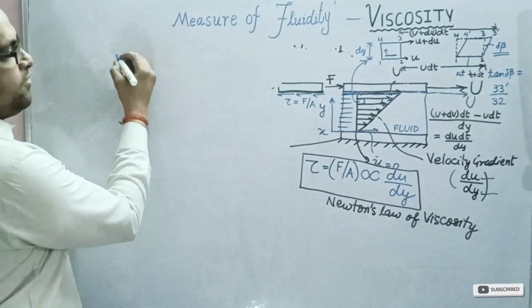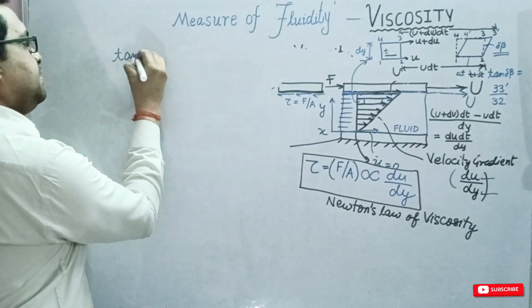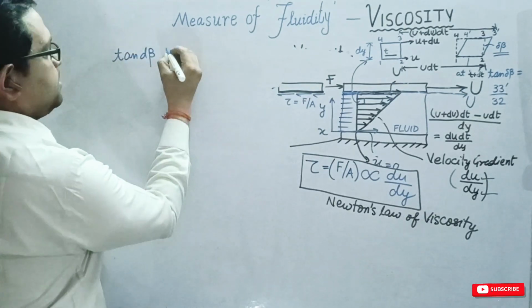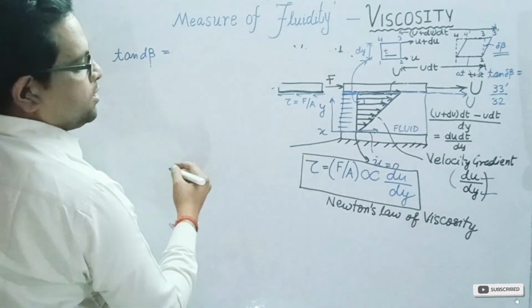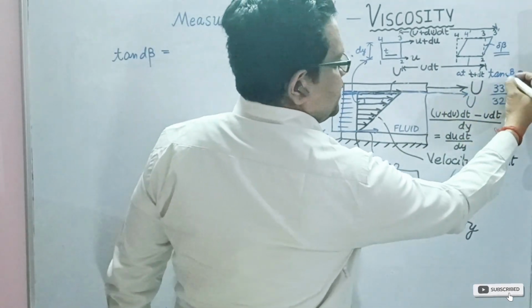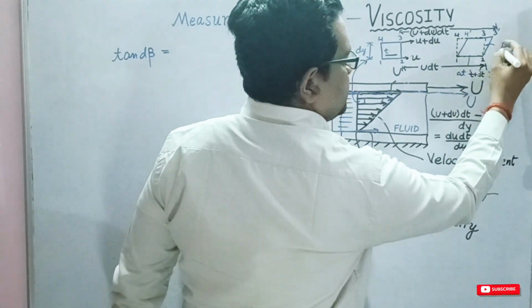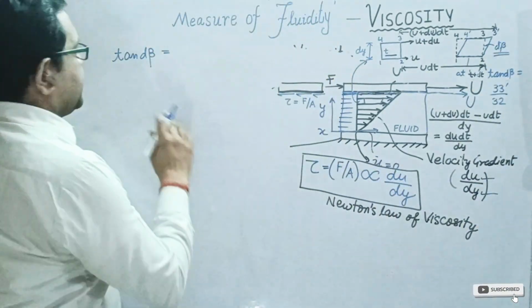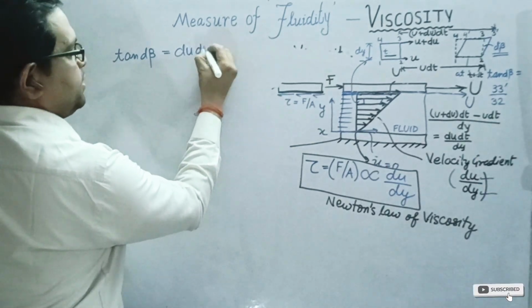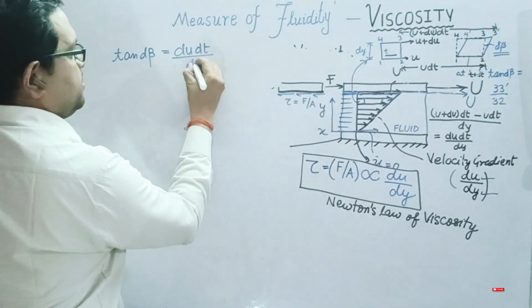Now I am rewriting this here because of space constraints. So tan d beta can now be written as du dt upon dy.